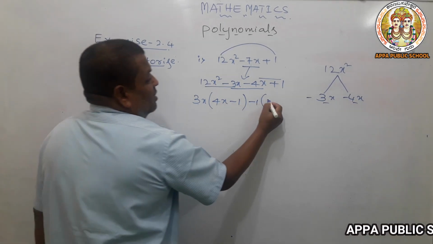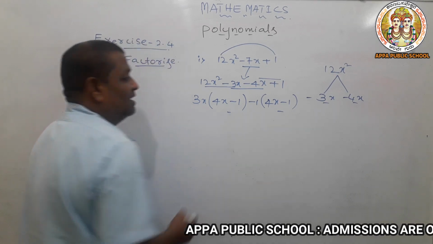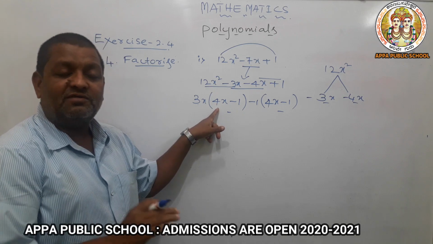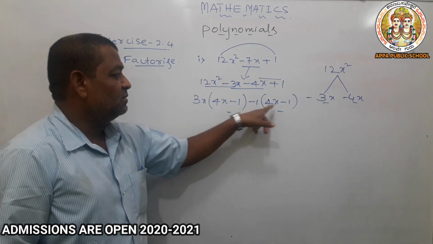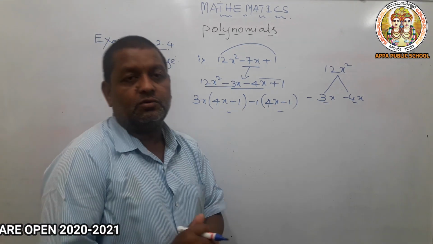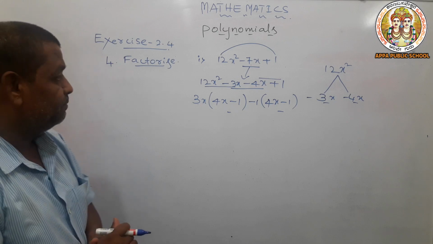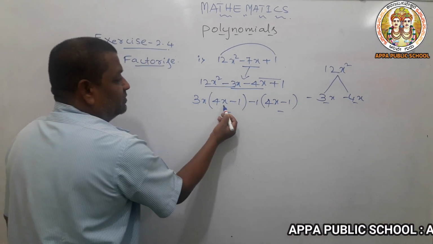Right. What is left? 4x minus 1. I already told earlier, to check if our sum is going right or not, both brackets should have the same terms with the same sign: 4x minus 1, 4x minus 1. Remember it. What is common in these two terms now? 4x minus 1.